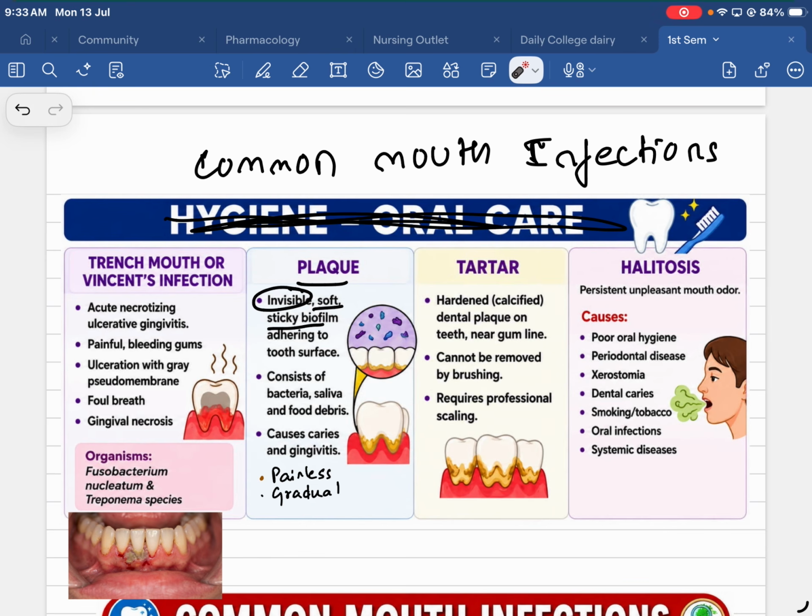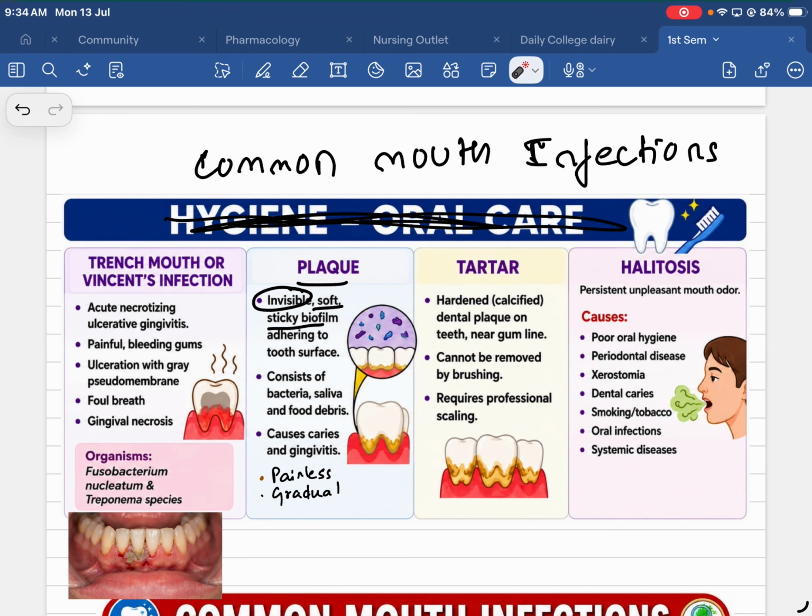That will form a yellowish layer, or a different color depending on the food, right? Then the bacteria will come, right? So it will cause infection to the gums, that is called gingivitis.